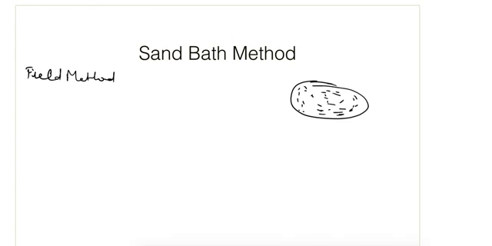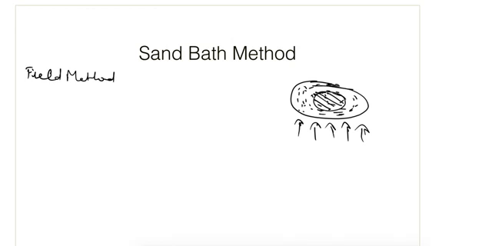In this container, we take the sample in a tray. Let's say we are putting it here, this is our soil sample, and then we heat this soil sample along with the sand bath. So we are heating the sand bath and indirectly it is heating up the sample.